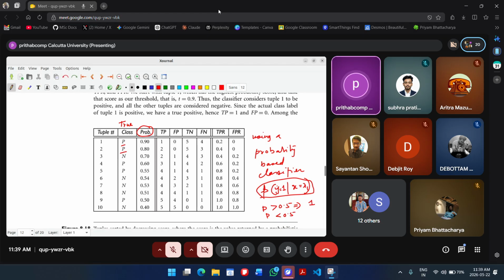If the probability is less than 0.5, I will assign it to class 0. So just think about your naive Bayes classifier. Now suppose instead of p greater than 0.5, what if I choose 0.7, or p greater than 0.3, and so on, different types of values.